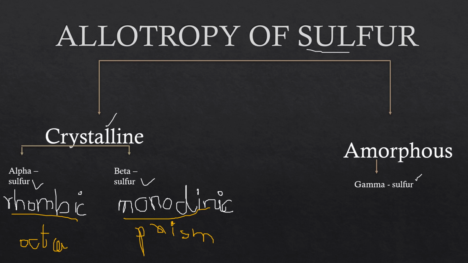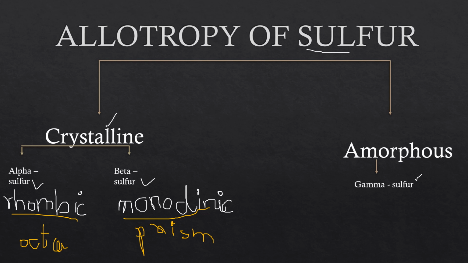Here you see that a single element, sulfur, can make two structures, rhombic and monoclinic. That is definite allotropy.